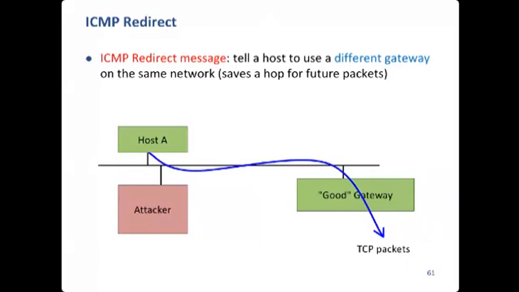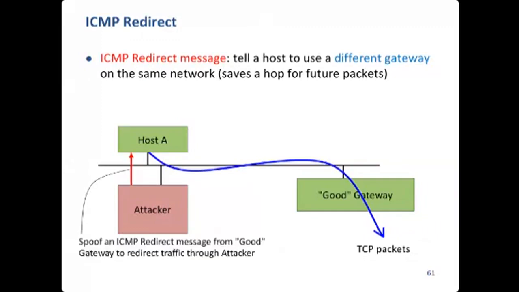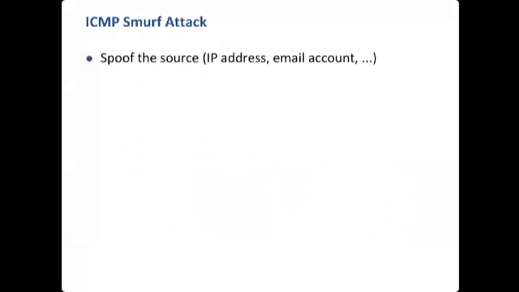So the attacker, shown here at the bottom, has created an ICMP message and sent it to host A that there is a better gateway available. Now the host will think that the attacker's IP address is a good gateway. The attacker will receive the packet, manipulate it, and send it through the good gateway. In this way it can do a man in the middle attack.